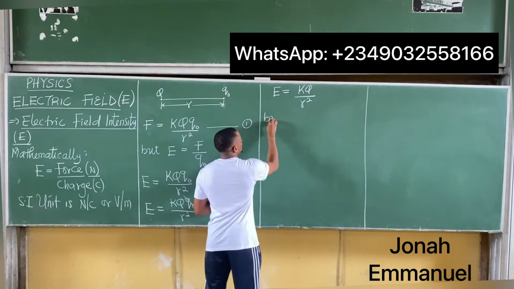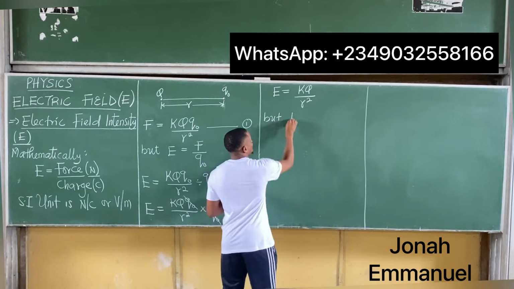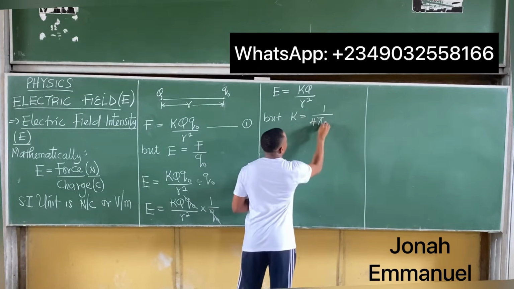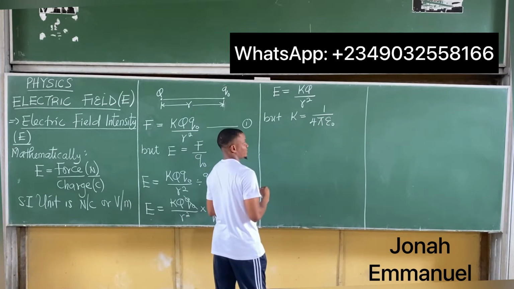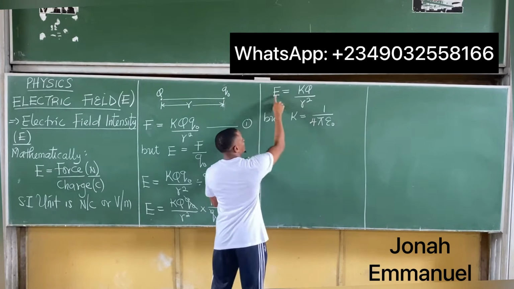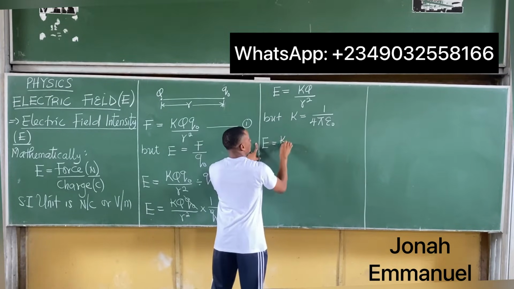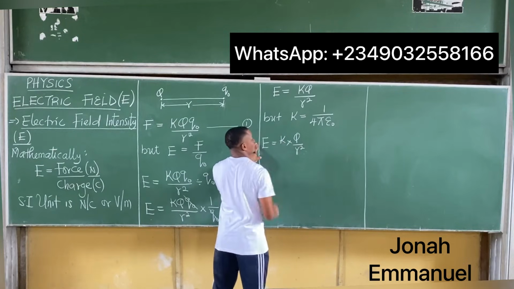Also, from our last class on Coulomb's law, we said K is equal to 1 all over 4 pi E naught. We call this the permittivity of free space. If I put this value here, E is equal to K multiplying capital Q all over R squared.